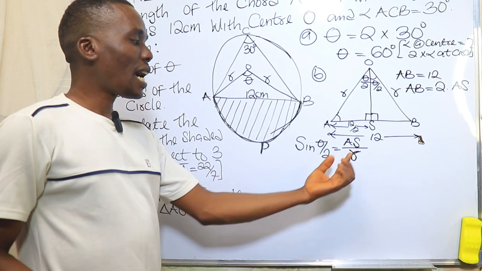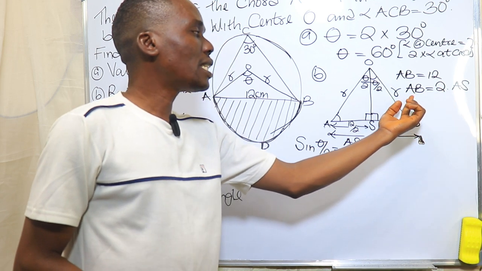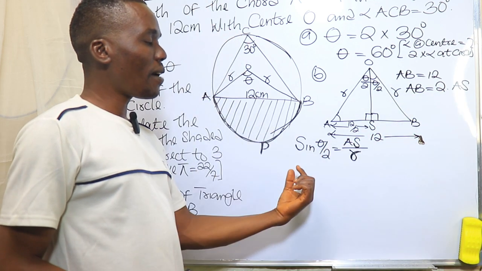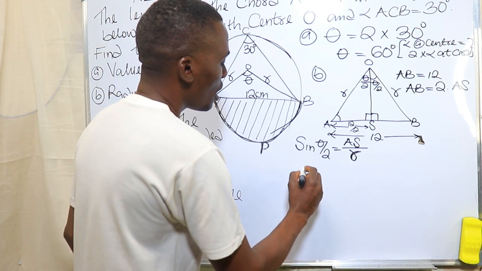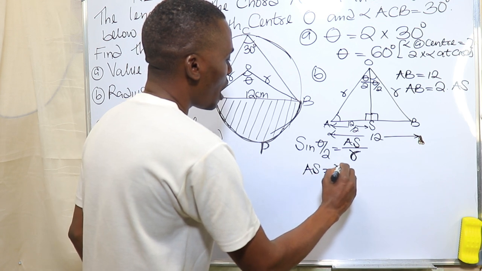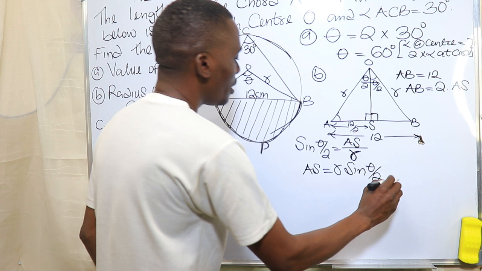From this point, I can easily find my AS because I already know that AB is equal to 2 times AS. So AS will be equal to R sine of theta divided by 2.